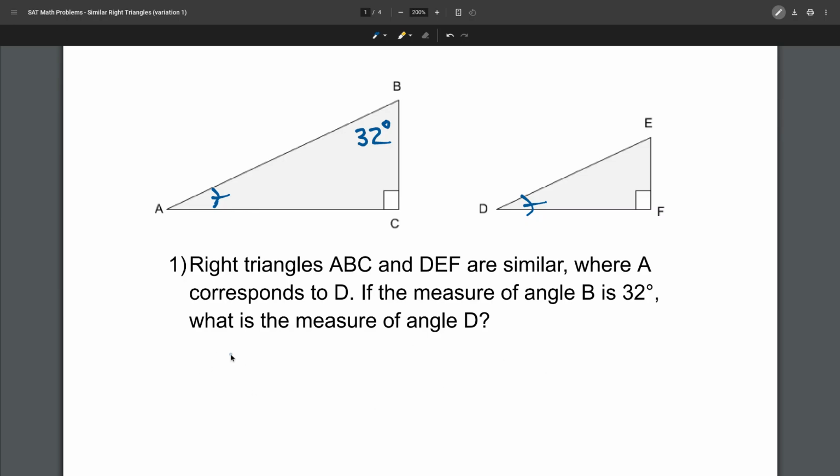Well, how we can figure this out is the measure of angle A plus 32 degrees plus this 90 degrees. That's got to equal the sum of the interior angles of a triangle, which is 180 degrees.